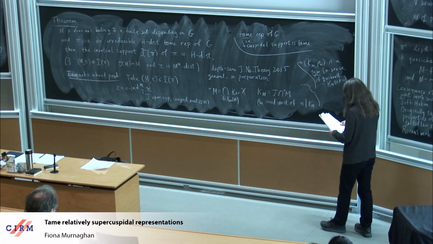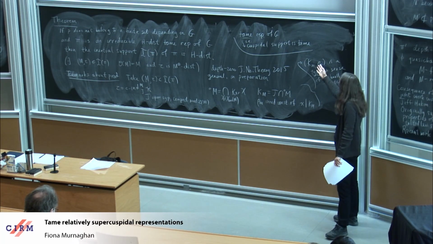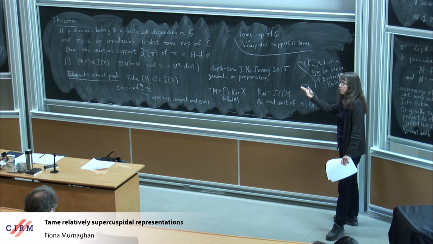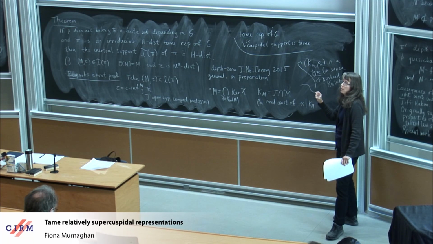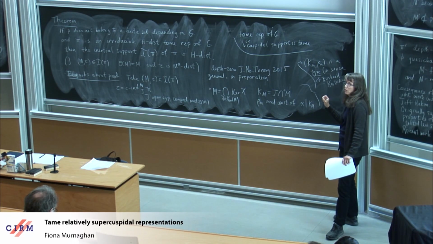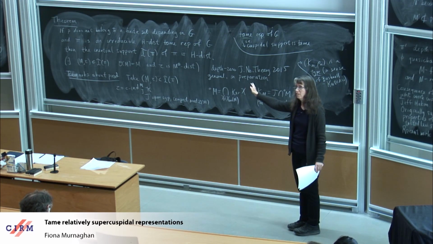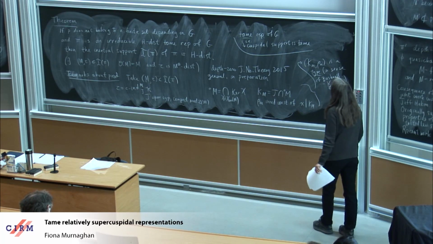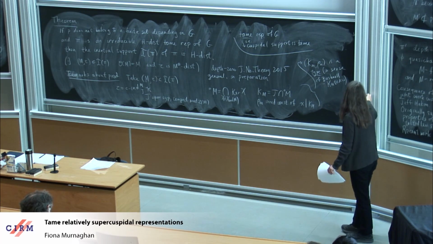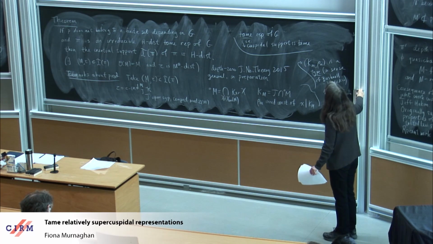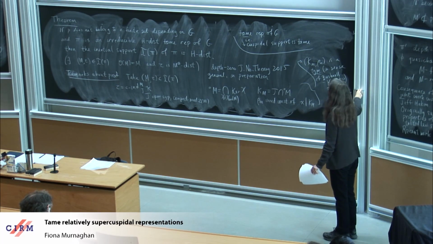And it actually determines the Bernstein component, a particular Bernstein component in the decomposition of the category of smooth representations of M, because this type is very large. Normally, a type will give you a decomposition involving finitely many inertial classes, but if the type is large enough, it will actually involve one particular inertial class, and that is, of course, the inertial class of the original tau. All right, so one key thing is just to make sure that all the types we take are actually large enough in some sense.